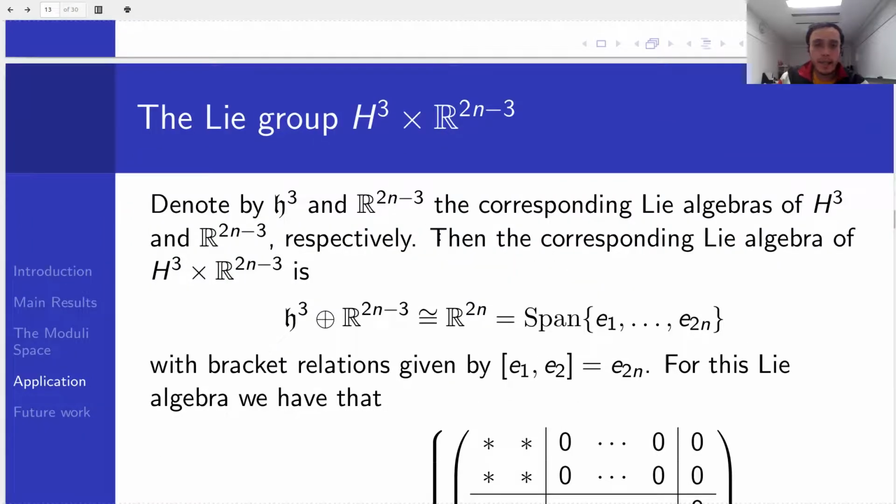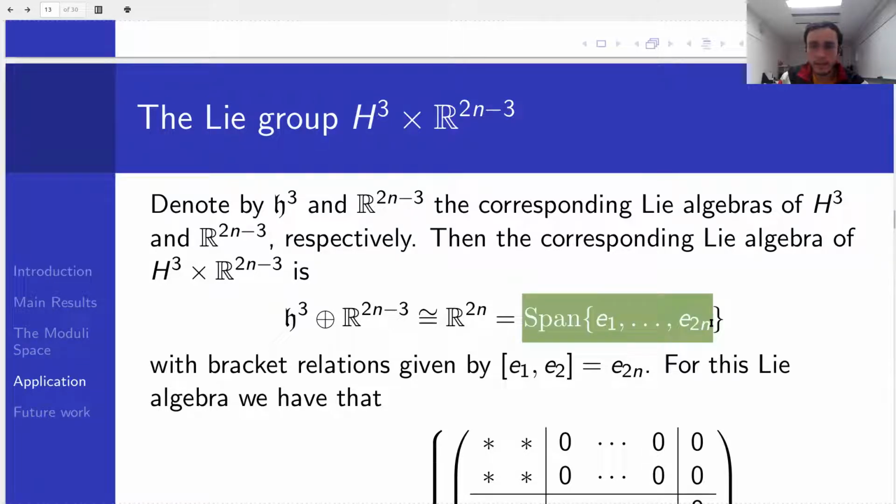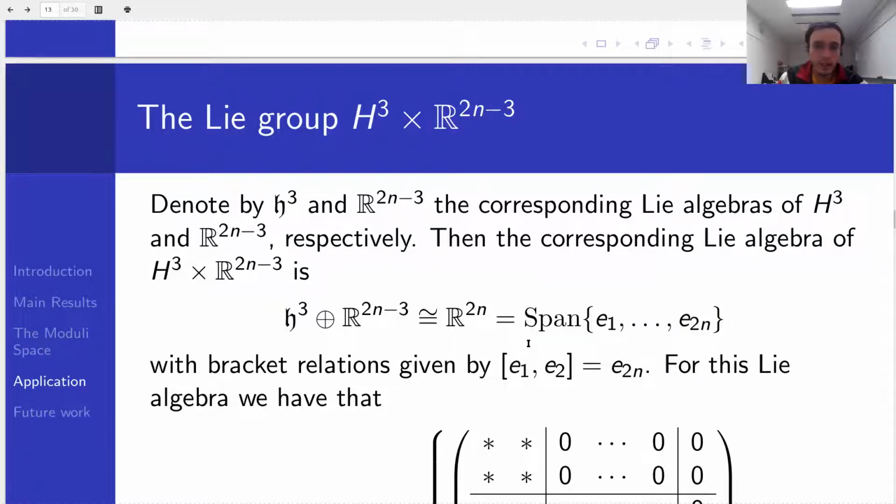The corresponding Lie algebra of this group is, of course, just the direct sum. And if we consider this as the span of this basis, then the bracket relations are given by this.